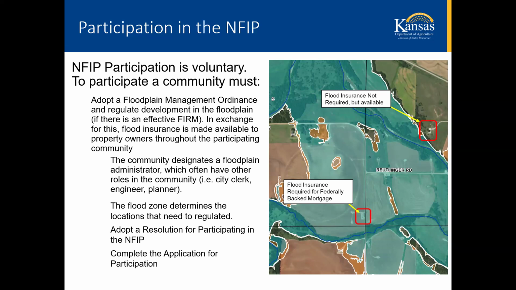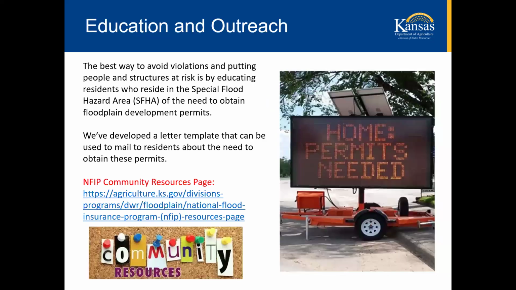And lastly, we have an application form for participation, which names the CEO, which is often the mayor or the chairman of the board of county commissioners, where your map repository will be located for hard copies of the map, and just general community information. Then I get all of that and submit it to FEMA for enrollment in the program.